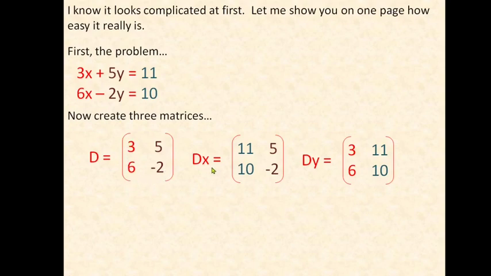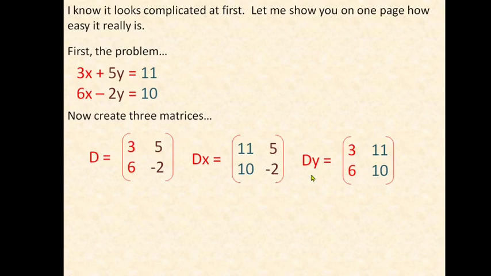Then for dx, we will replace the coefficients of x, that is 3 and 6, with the constants, that is 11 and 10. So 3 and 6 are replaced in the second matrix where we are calculating the determinant with respect to x.